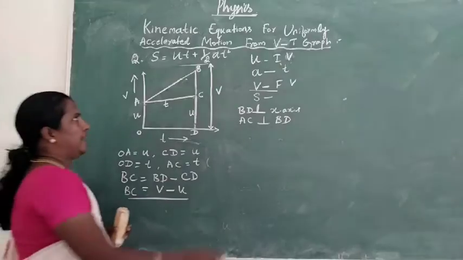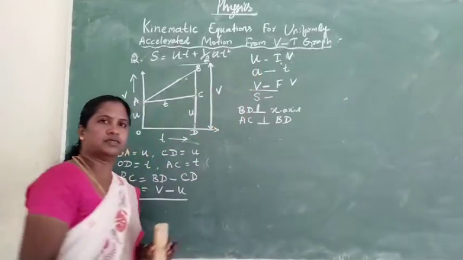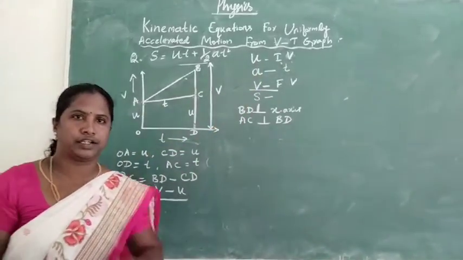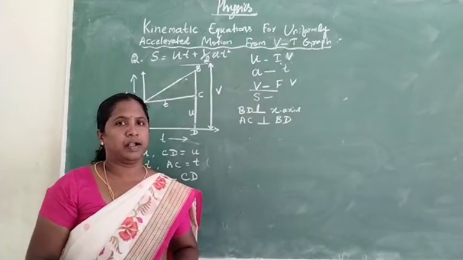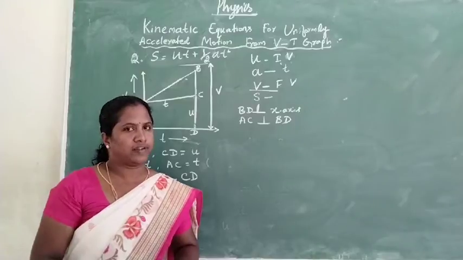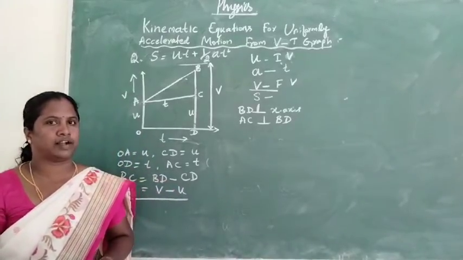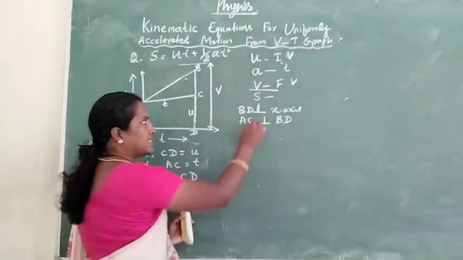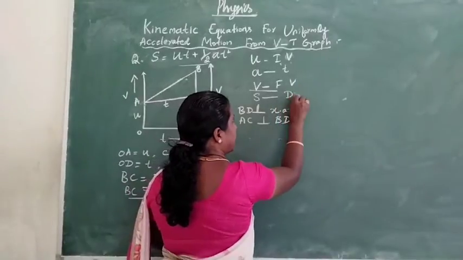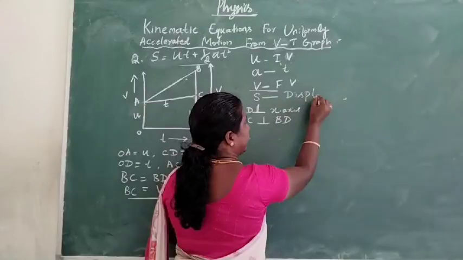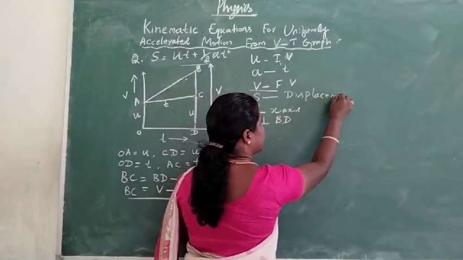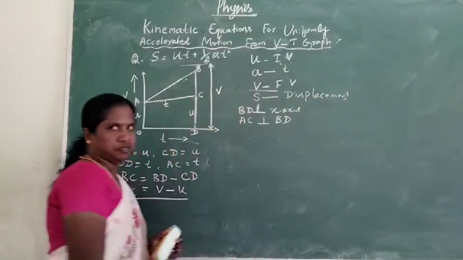Same way, consider an object moving with the initial velocity u with a uniform acceleration A at a given time interval t. Let V be the final velocity of the object and S be the displacement made by the object.